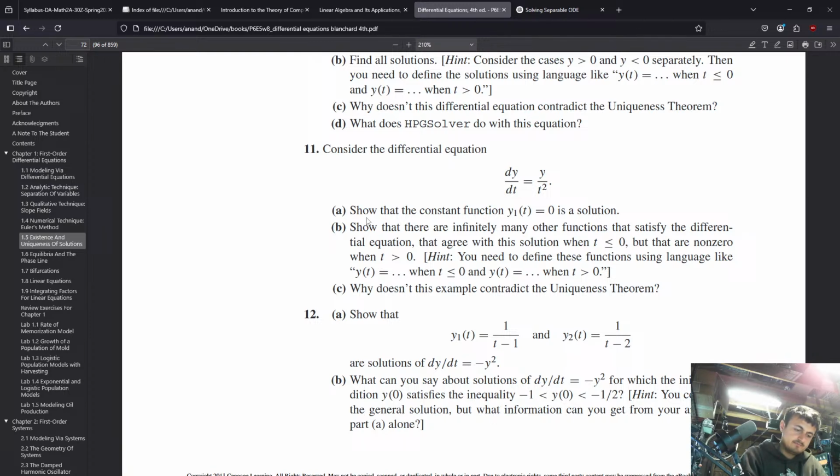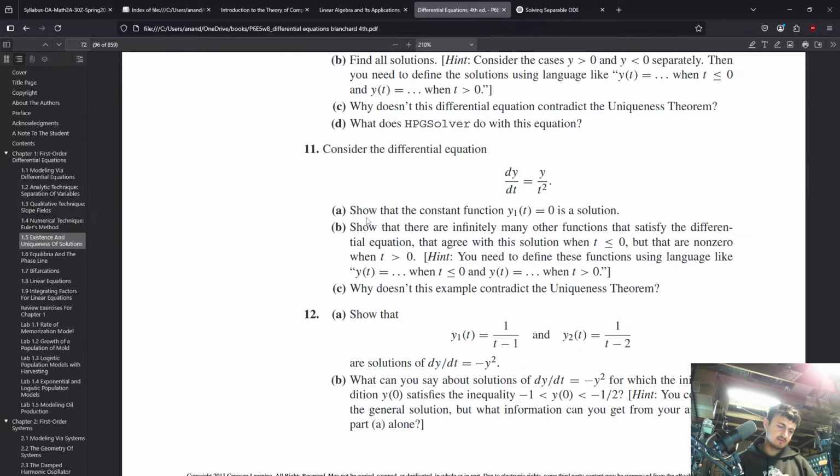E to the, wait. Did I do the integration wrong?